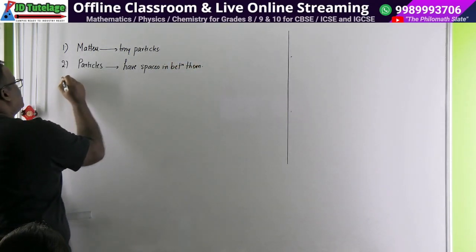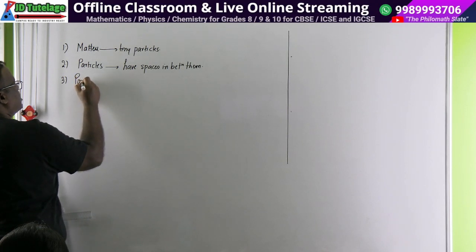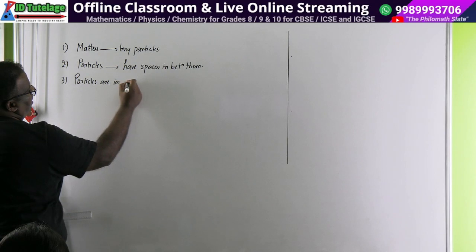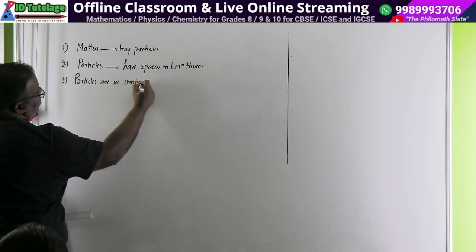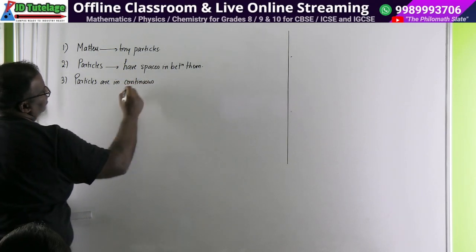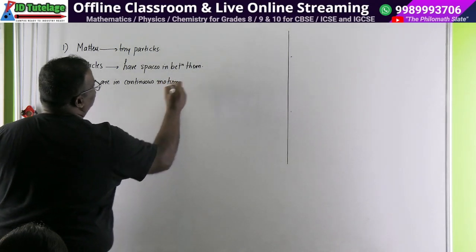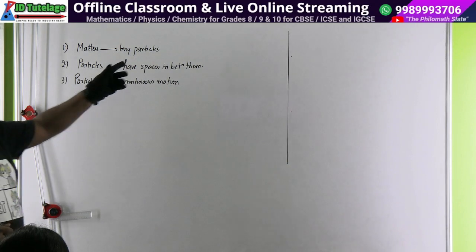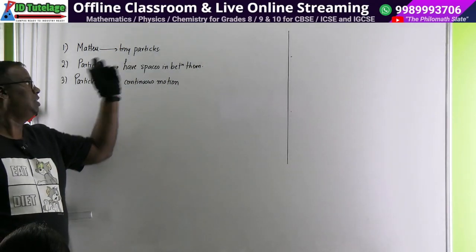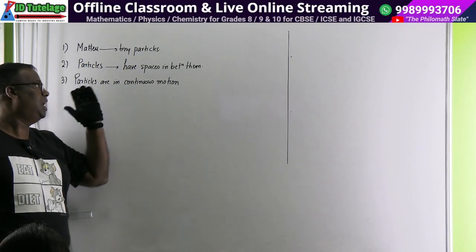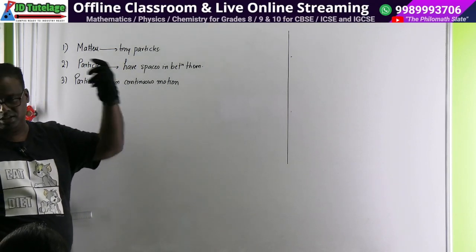And the third one we said: the particles are in continuous motion. Is that clear? So matter is composed of tiny particles, the KMnO4 example. Particles have space between them, both the KMnO4 and the sugar and water example. And particles are in continuous motion, the pollen example, right?